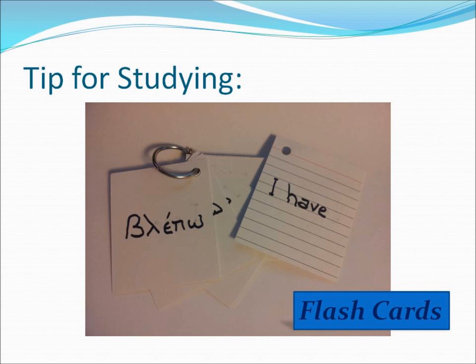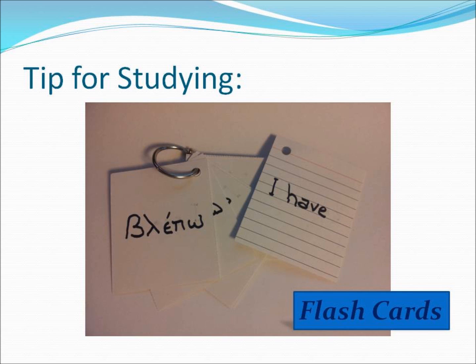Go to your local office supply store and pick up a package of 3x5 cards and a clip ring. Cut the cards into 2 to 4 pieces each and punch a single hole in the upper corner. Once you have enough cards, write on one side your Greek vocabulary word, while on the other side its English translation.